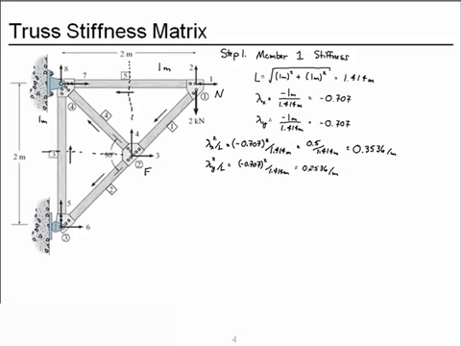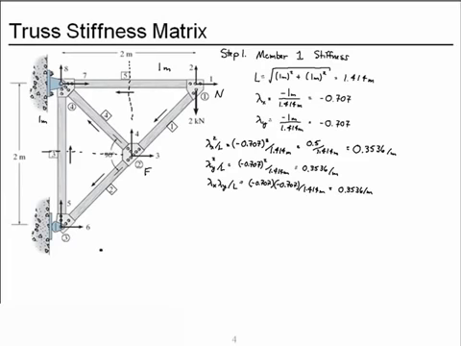So our stiffness coefficients are force per distance. Lambda x times lambda y divided by L is a negative 0.707 for lambda x, a negative 0.707 for lambda y, divided by the 1.414 meters, and this one is also 0.3536 per meter.